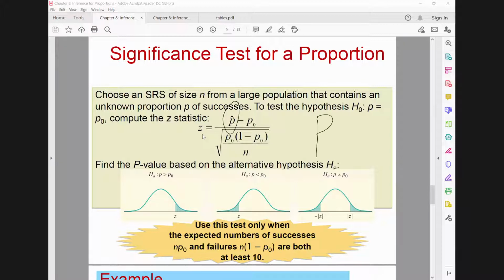P naught is related to the hypothesis, as you can see here, and P we don't know, but we have P hat, the proportion of success for the sample. That means the number of favorable cases divided by the size of the sample, the number of all elements in the sample, over n, because the size is equal to n. The number of favorable cases depends on the example, divided by n.